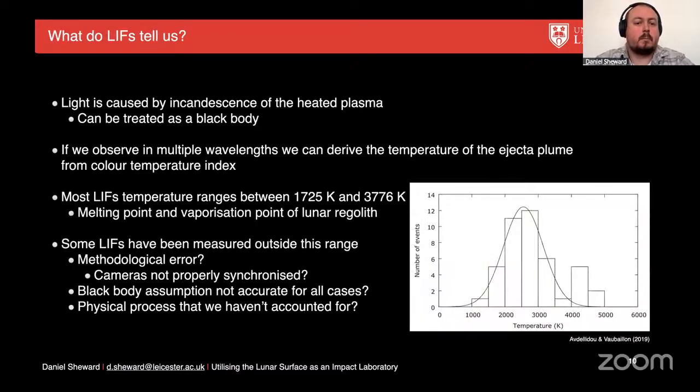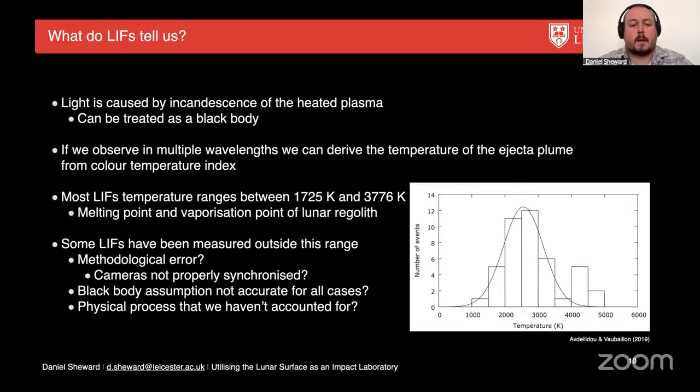And because it's caused by incandescence, we can treat it as a black body. It's not perfectly a black body, but it's a good enough assumption that we can do a lot of science with it. Because we already have two telescopes and two cameras to confirm the events, if we observe in different wavelengths on these cameras, we can then derive the temperature of the ejecta plume.